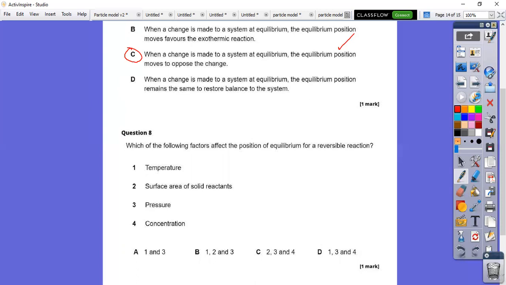Pressure is, if they are gases. So does that count as one then? Yes, because it doesn't specify whether it's a gas reaction or whether it's solid.